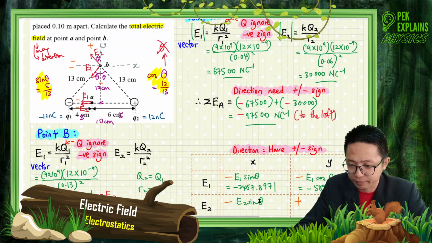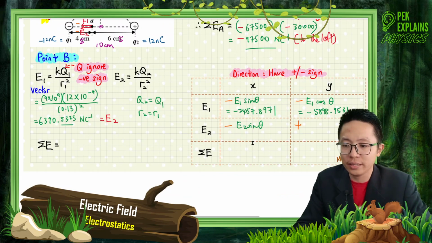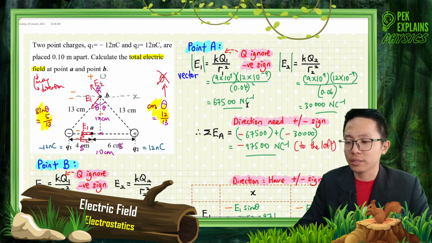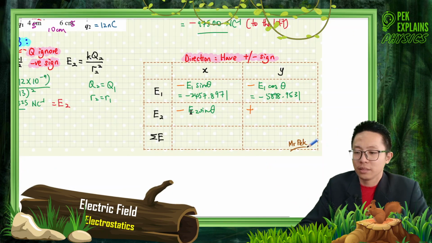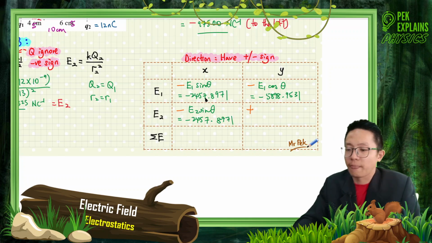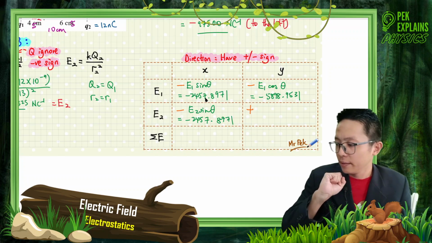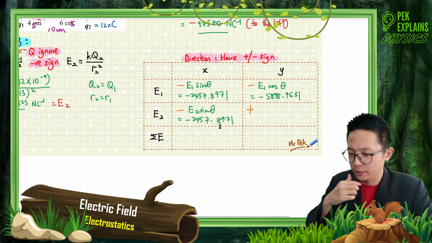We know that E2 is the same as E1, and sin theta is also the same, 5/13. So this is the same value as before: negative 2457.8971. That's it for the x component.